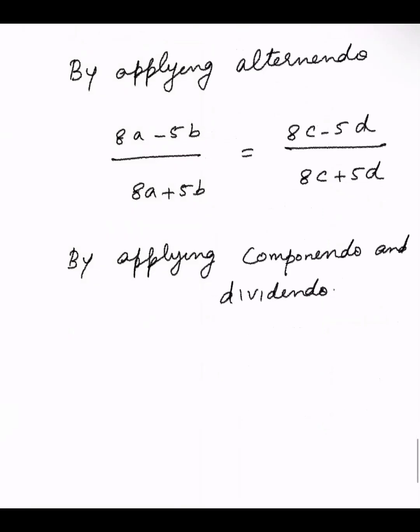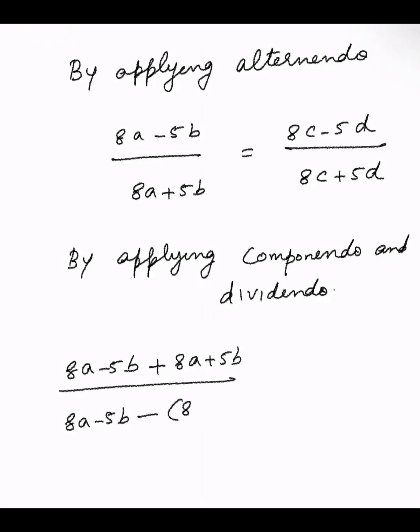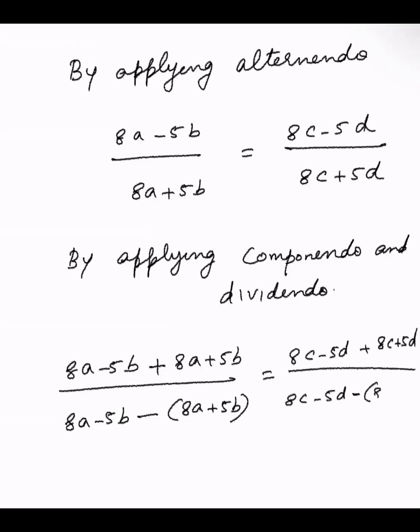By applying componendo and dividendo, you get 8a minus 5b plus 8a plus 5b divided by 8a minus 5b minus 8a plus 5b, this minus is common, is equal to 8c minus 5d plus 8c plus 5d divided by 8c minus 5d minus 8c plus 5d.